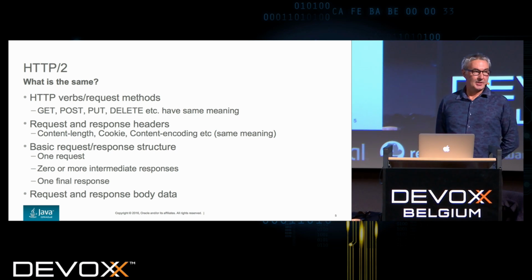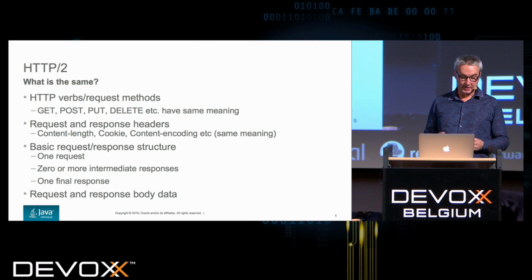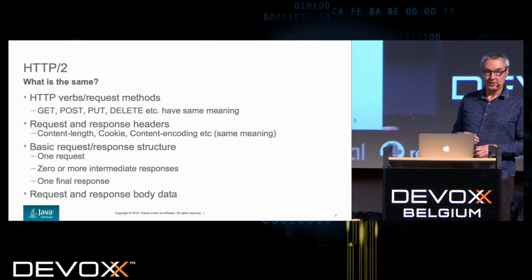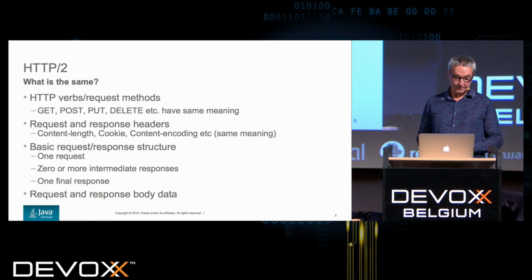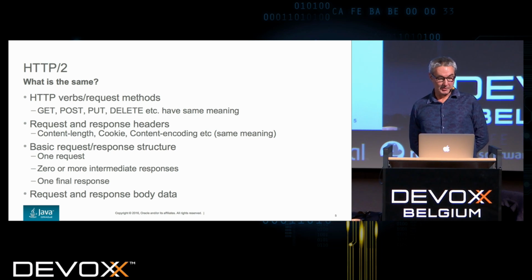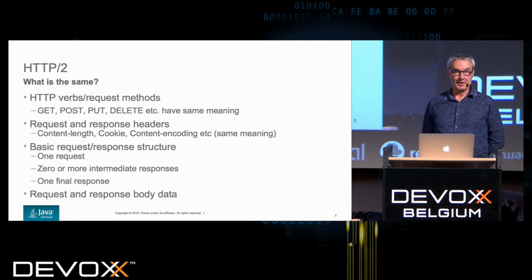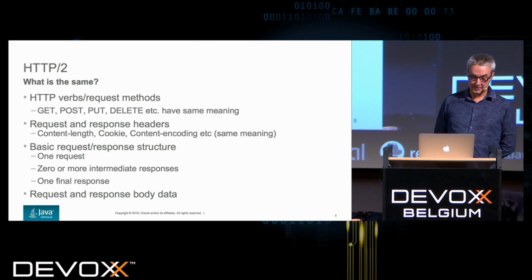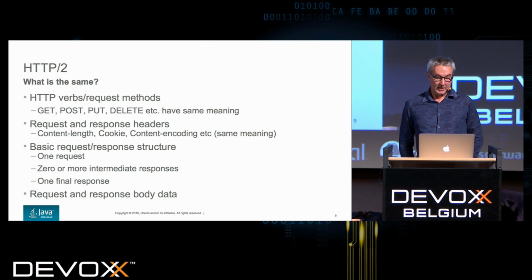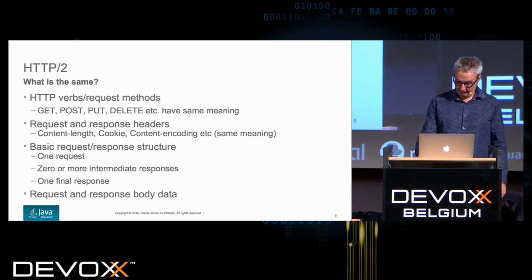It also has exactly the same request and response structure. A request-response exchange comprises a single request, potentially a number of intermediate responses, though usually none, followed by a final response. And then also you have request and response body data. Depending on the request method, requests or responses can have body data associated with them. So that's all exactly the same.